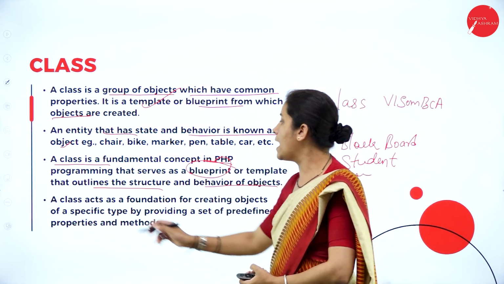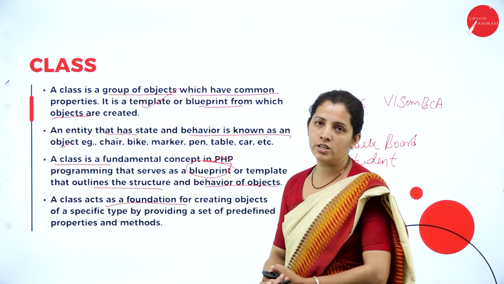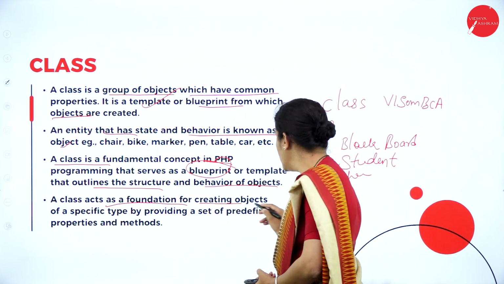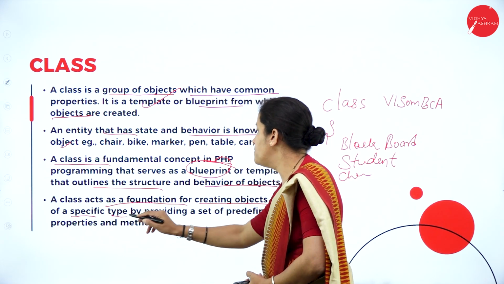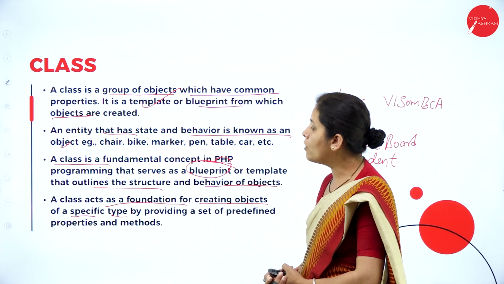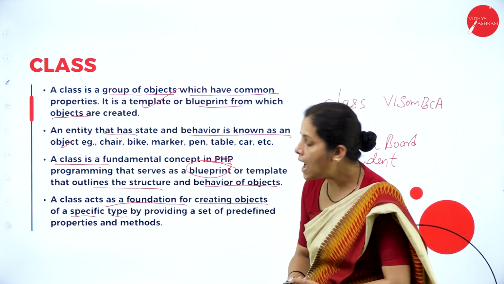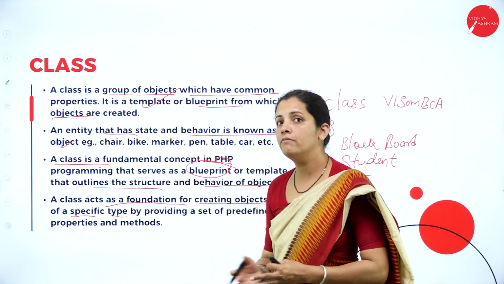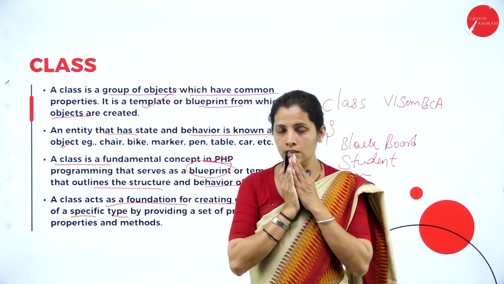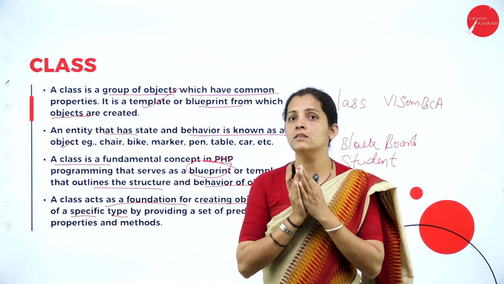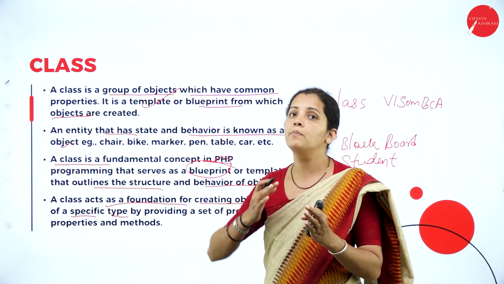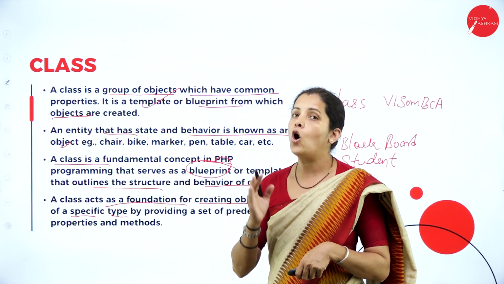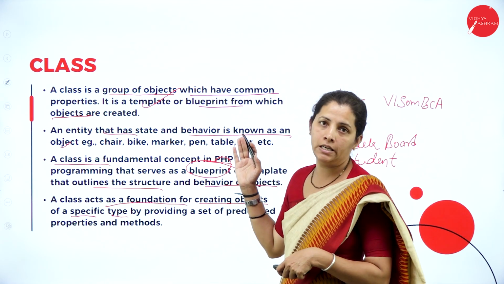So class acts as a foundation for creating the object of a specific type by providing a set of predefined properties and methods. In simple word, what is class? Class is a blueprint or it is a template. So by using class I can create an object. Object is nothing but the entity.